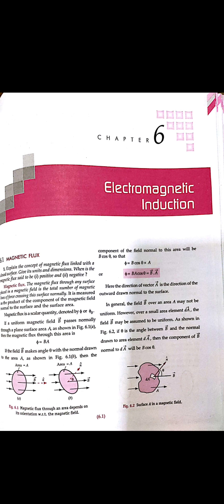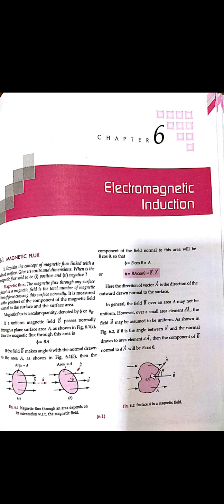When we talk about magnetic and electric flux, in electrostatics you have seen that whenever the electric field lines are normal to the surface area, the total number of lines passing normally through that small surface area is said to be the electric flux. Similarly, now it is magnetic flux.